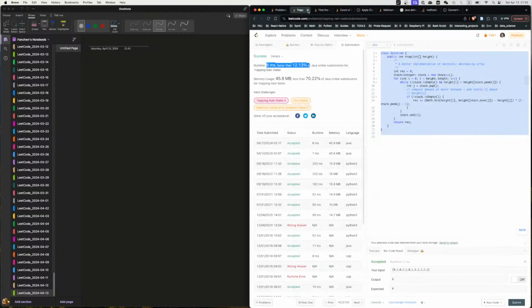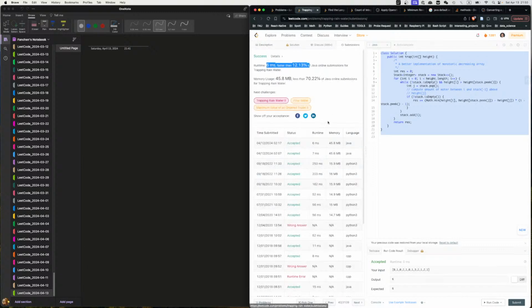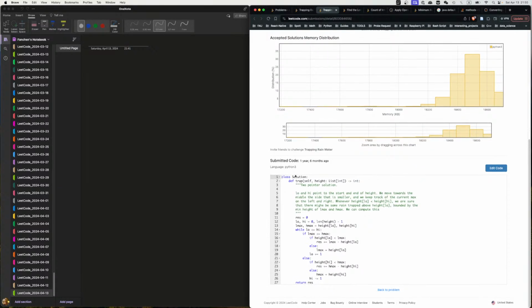I want to first revisit this one. This is the collect rainwater. There's a two pointer solution. I remember two pointer. All right, let's just take a look. I forgot this one. We move towards the middle, the side that is smaller.